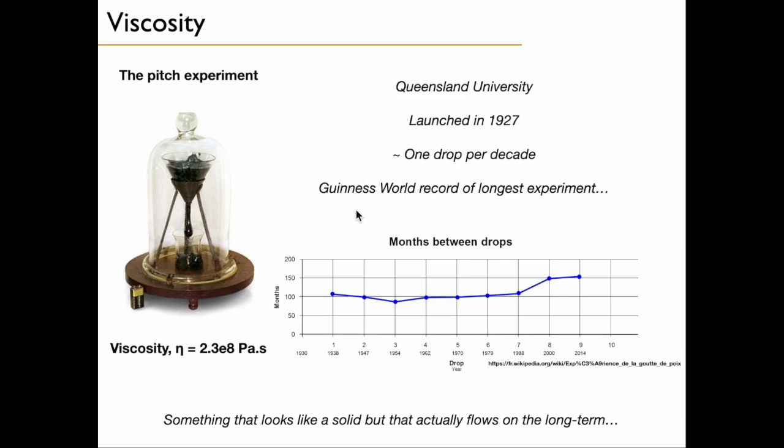So it's the Guinness World Record of the longest experiment since 1927. So you see recordings from 38 here to 2014, and you basically see only a few drops. So it looks like a solid, but it actually flows on the long term. So the long term here is several decades.